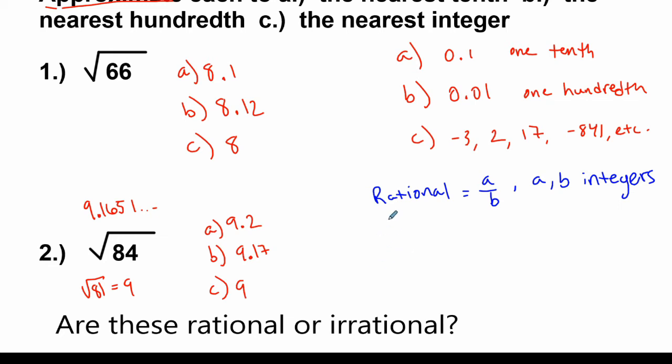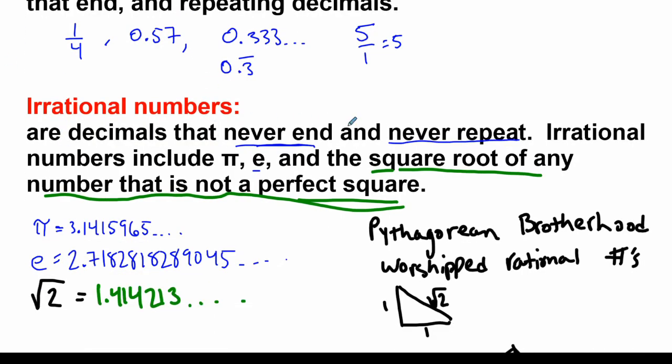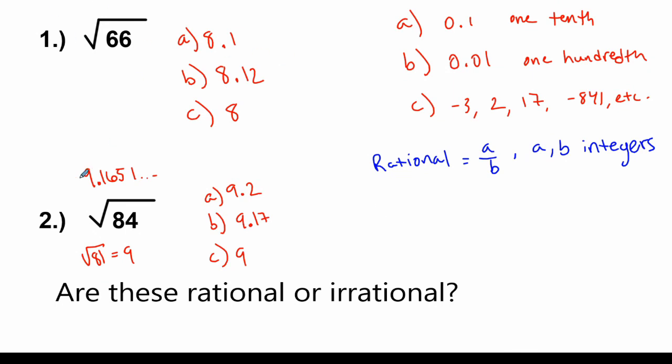One of the things that we made note of early on, we said that irrational numbers never end, they never repeat. The square root of any number that is not a perfect square is irrational. Are these perfect squares? No. So therefore, these numbers are irrational.